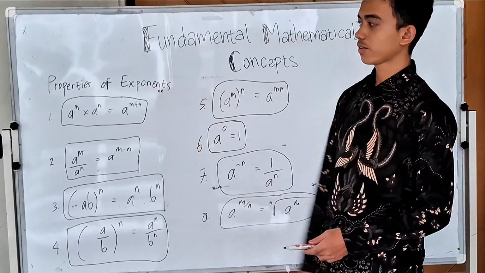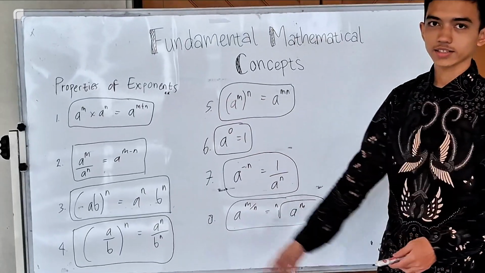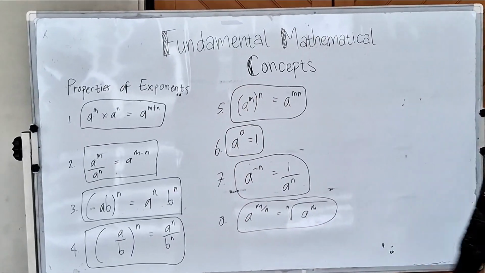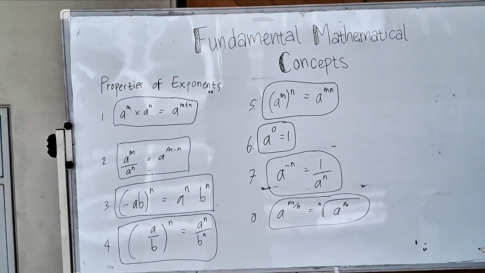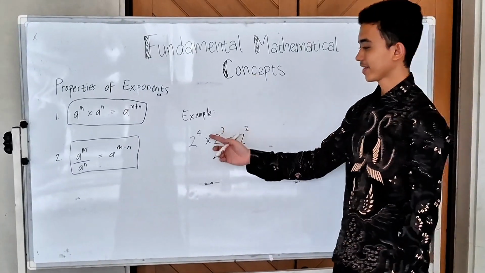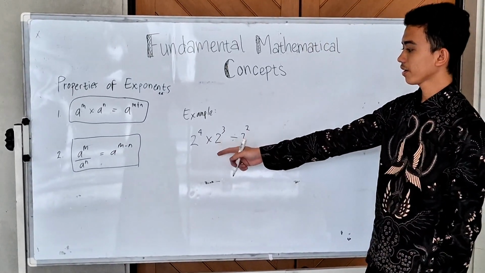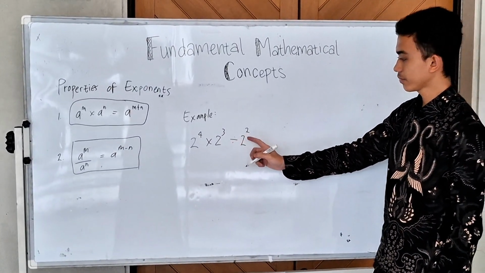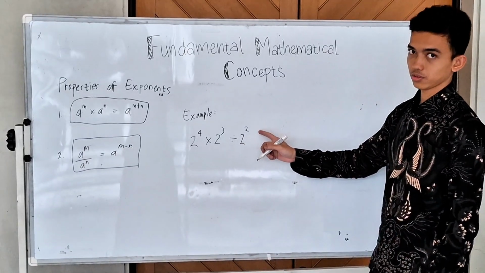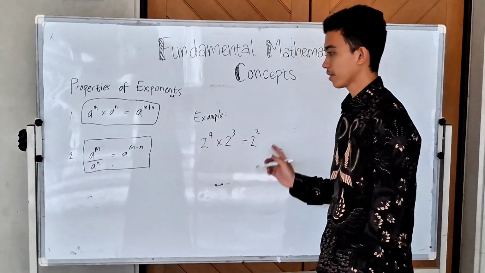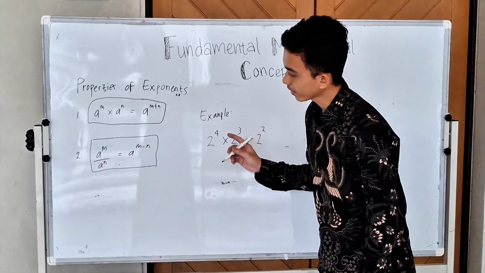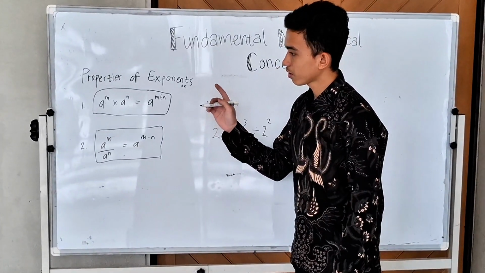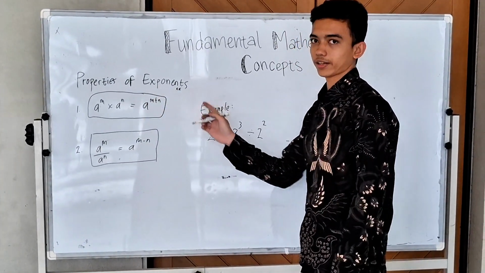These are properties of exponent. You can see it by yourself. Okay, for example, we have 2 to the power 4 times 2 to the power 3 divided by 2 to the power 2. To solve this problem, we can combine the first and the second properties of exponent.